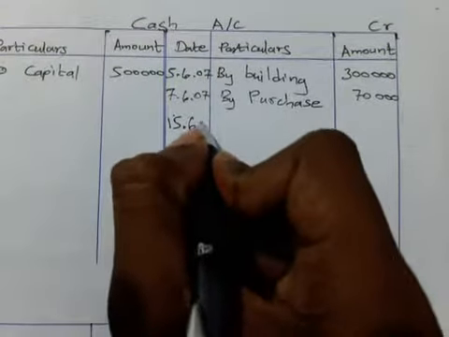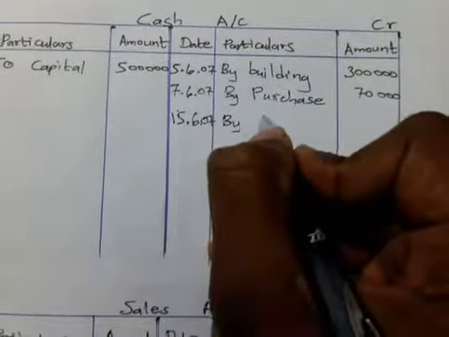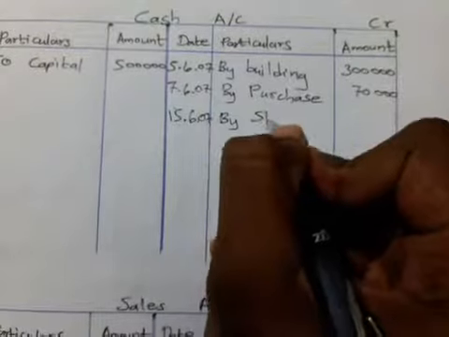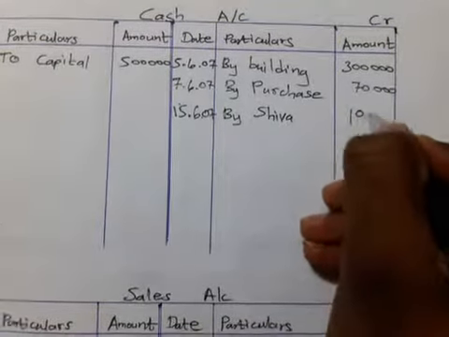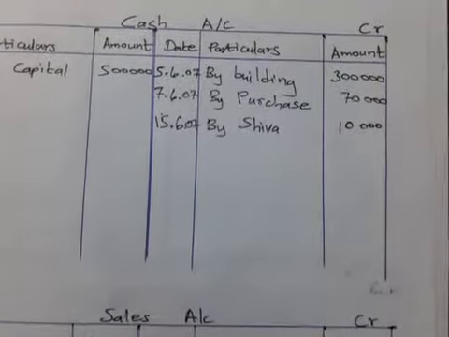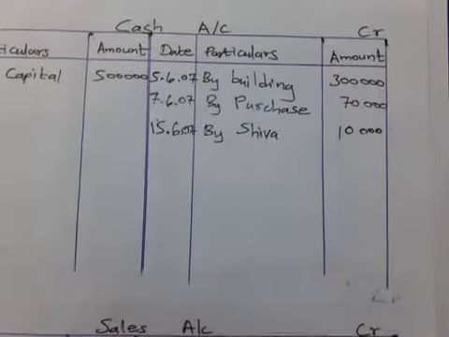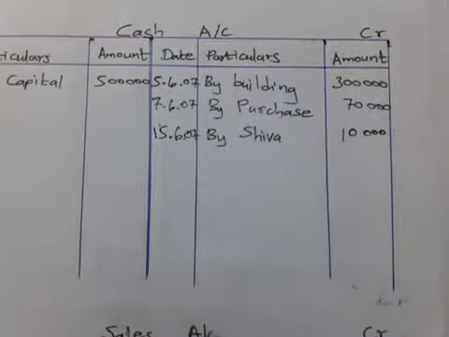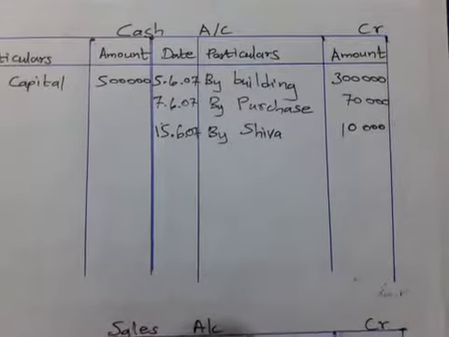June 2007, by Shiva. Because in this case we are paying cash, so cash is reducing. Cash is an asset type of account. Whenever the cash reduces, we have to record in the credit side of the ledger account.